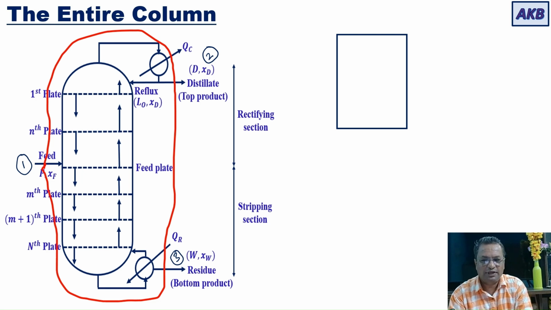Okay, so now the entire column, I am showing by a simple block. The block diagram would be like this. Feed is entering, with the parameters associated with it, F and XF.